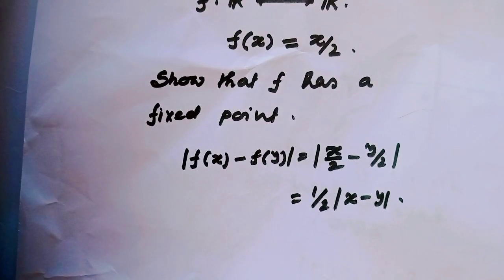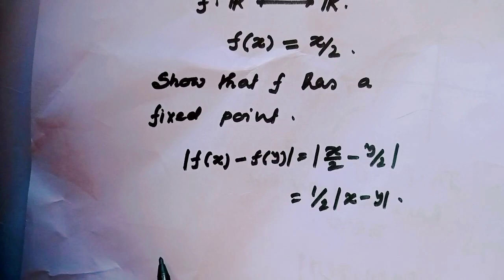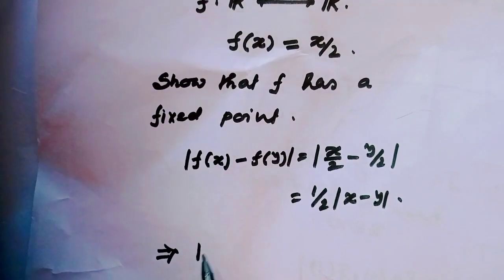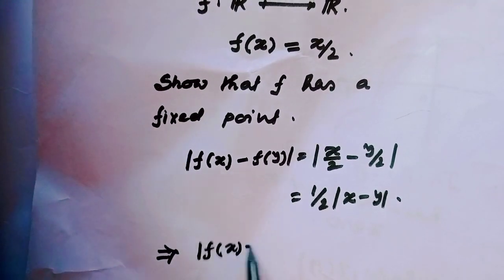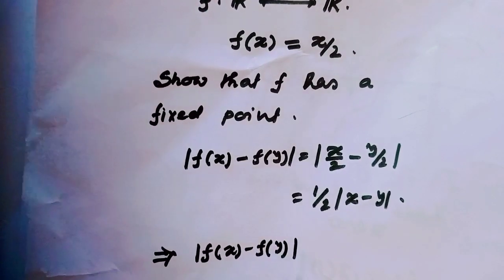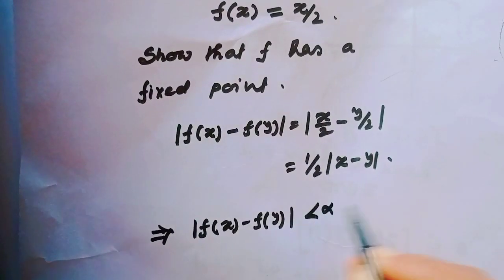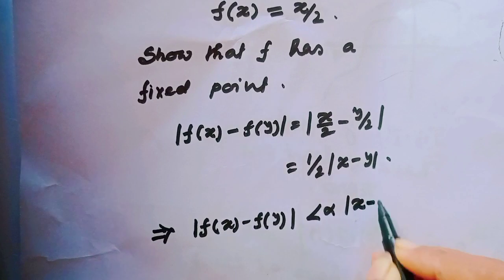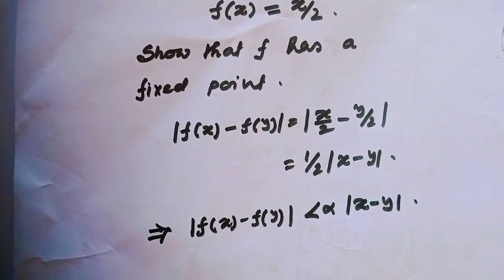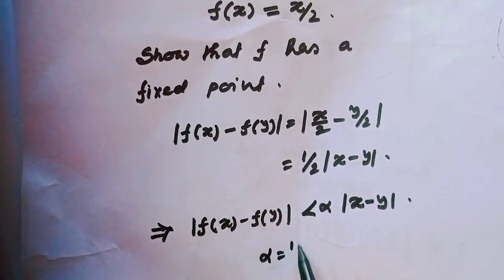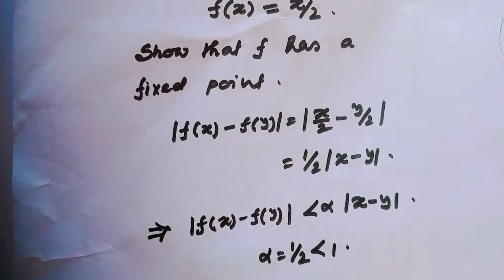That means this inequality, the absolute value of f(x) minus f(y) is less than or equal to alpha times modulus of x minus y, and notice here alpha equals half, which is always less than 1.